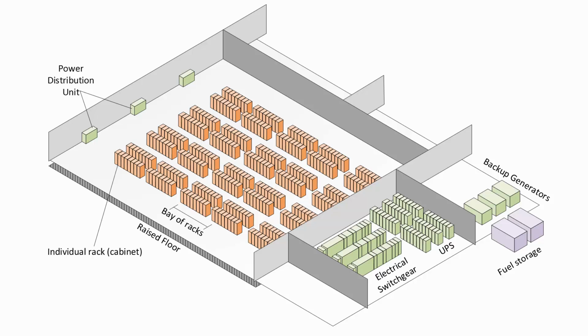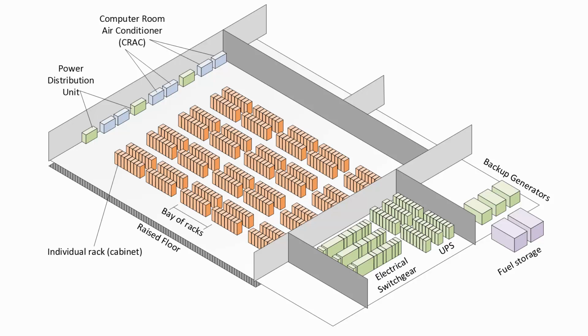Now, this covers the compute and power requirements of the data center. Now we can talk about some of the cooling components that are used in the data center. So typical data centers are kept cool using computer room air conditioners, or CRACs, and these units will feed cold air into these individual racks and bays of racks.